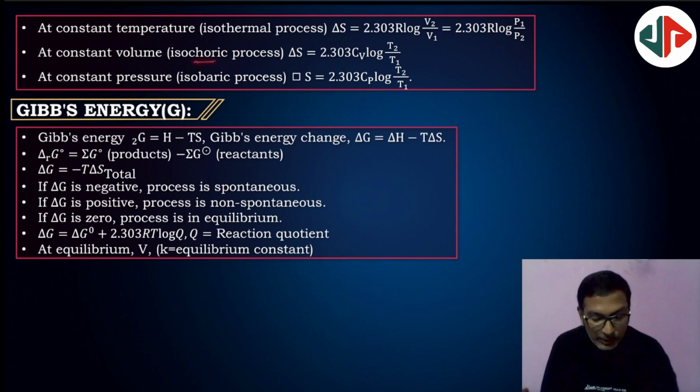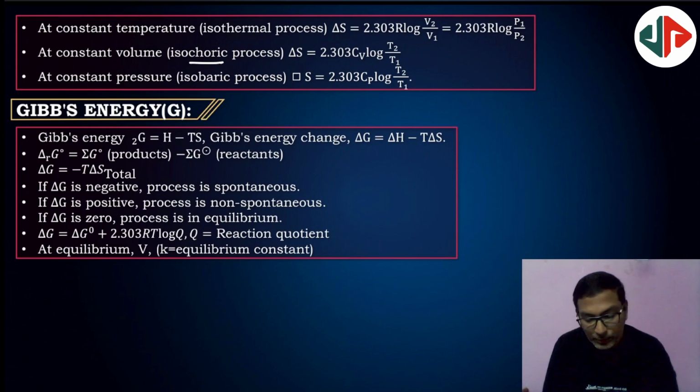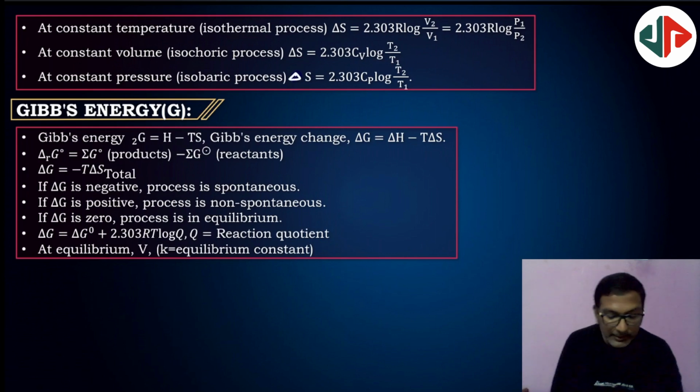Isochoric means constant volume. For an isochoric process, delta S equals 2.303 n Cv log T2 by T1. For an isobaric process, delta S equals 2.303 n Cp log T2 by T1.